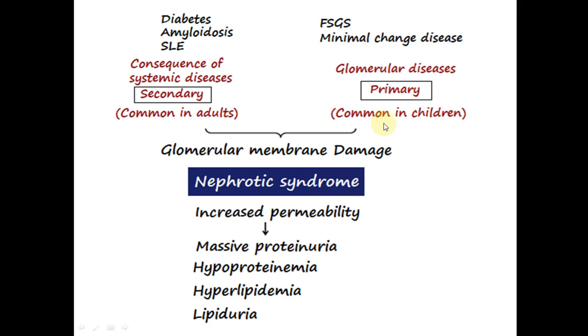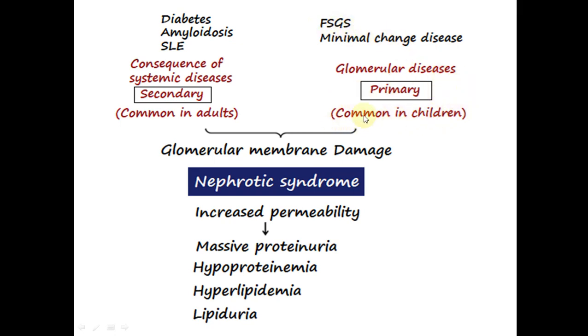When we come to the children, where nephrotic syndrome is more common, mostly it is caused by primary abnormality or pathology in the kidney and glomerular basement membrane. For example, glomerular diseases like minimal change disease, in which there is loss of negative charge, and focal segmental glomerulosclerosis.